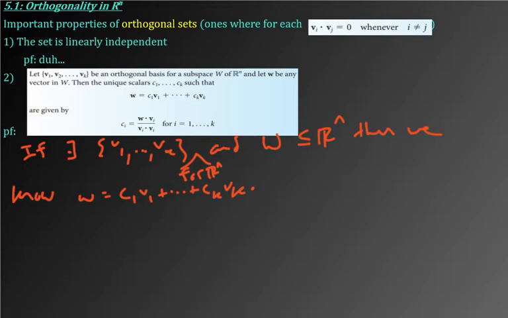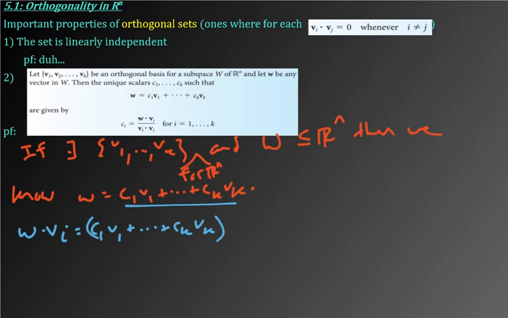And to do that, what I'm actually going to do is compute W dot V sub I. So W is this thing, so I'm just going to pop that in: C1 V1 plus blah, blah, blah, plus CK VK.